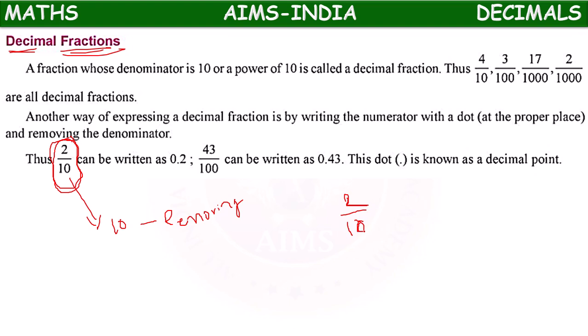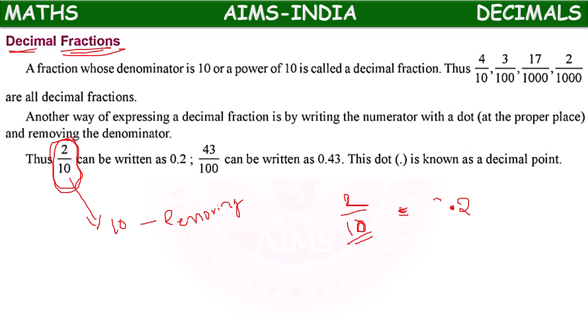How? Here we have 2 by 10. In 10 we have one 0. So in the numerator, after one digit from the right side, towards the left, we have to keep a point, because we are removing 10 which has one 0. So towards the left side after 2 we keep a point.